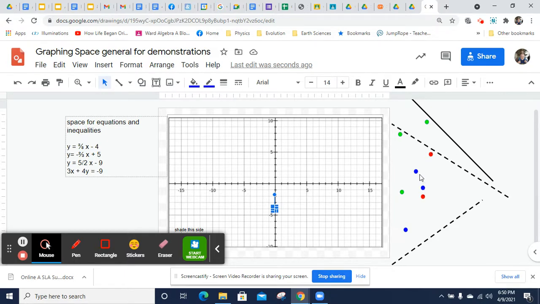So I'm going to grab another point and drag it over, putting it right on top of my other point. And I'm going up 3, so that numerator is the vertical change, and then over 8. And now I have a second point.